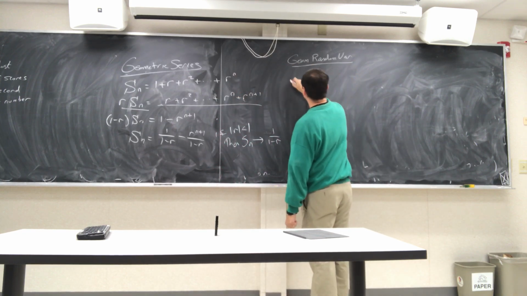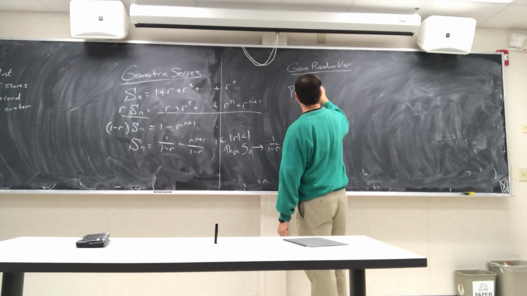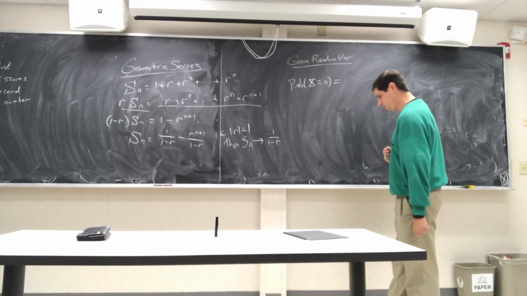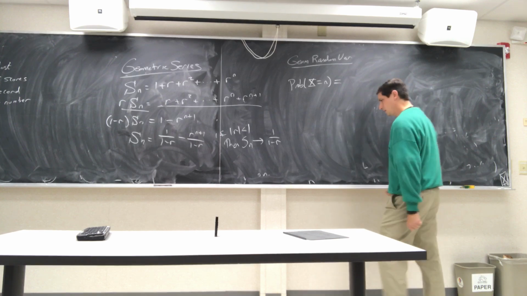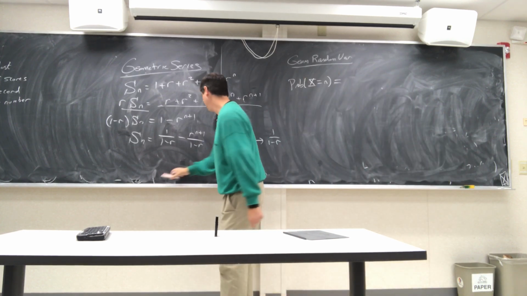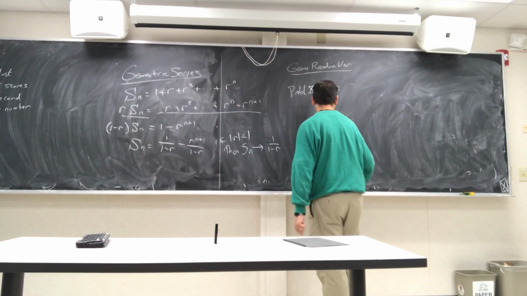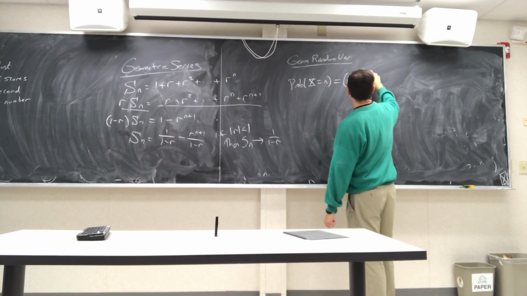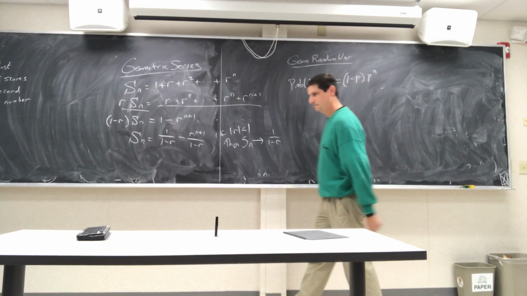So we will say the probability that X equals n is going to be (1 minus p) times p to the n.